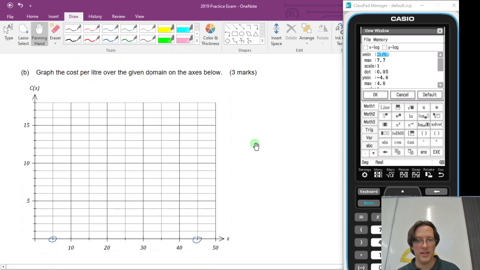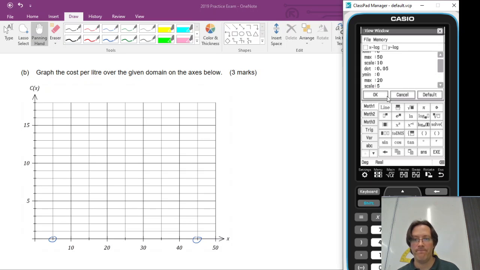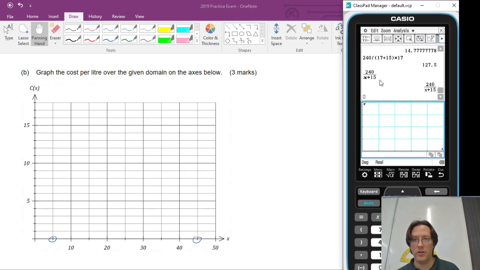It's going to be 0 to 50 on the x, and I'll do a scale of 10. It's going to be 0 to 20, I'll go, and I'll do a scale of 5. Here we go. Sketch that in there. That looks good.